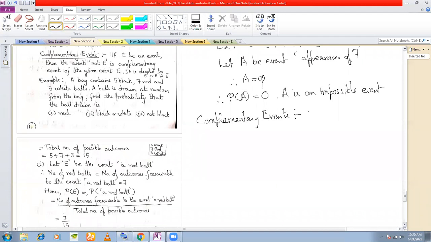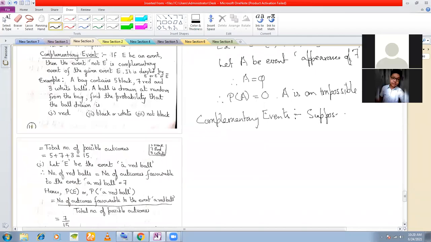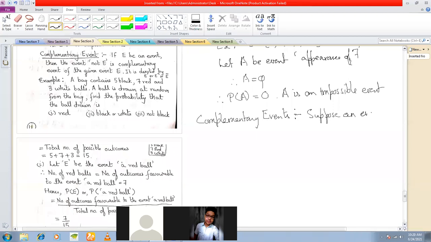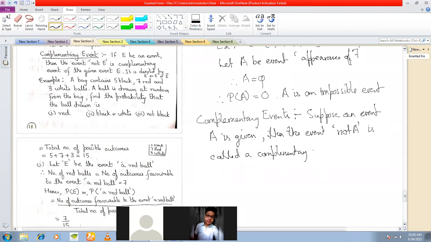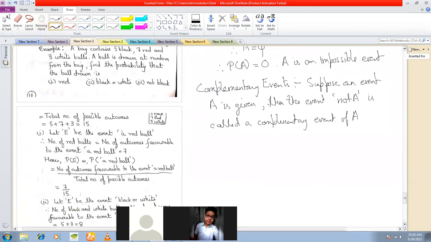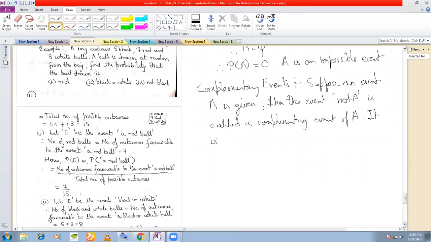Suppose an event A is given. Then the event not A is called the complementary event of A. It is denoted by A bar.